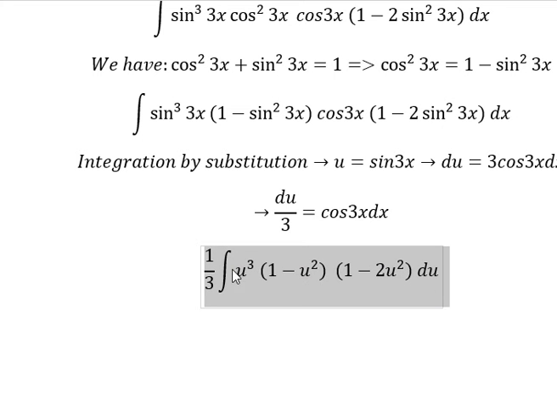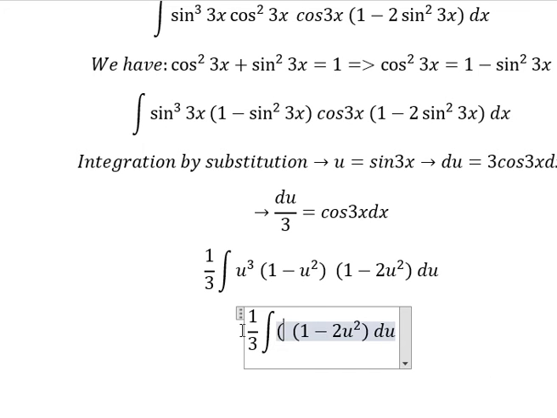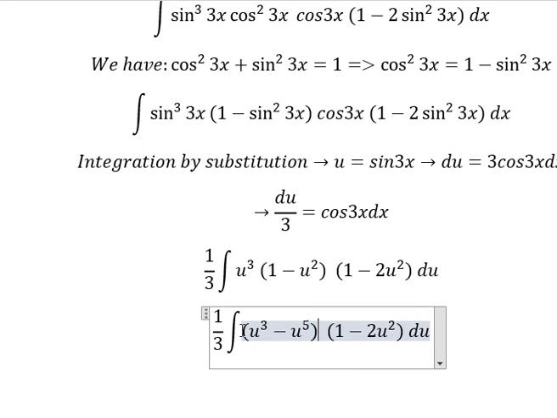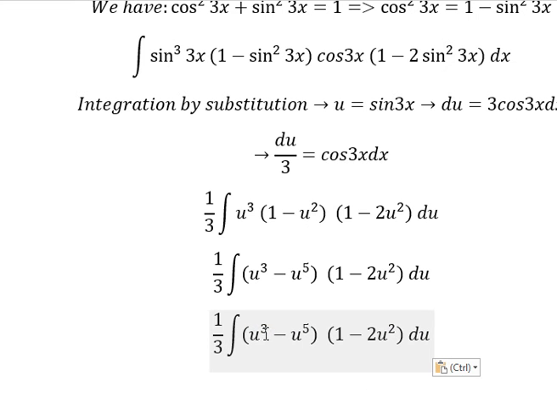And now we need to expand this one. U to the power of 3 multiplied by 1 and u squared, you will got u to the power of 3 minus u to the power of 5. So u to the power of 3 multiplied by 1 and negative 2u squared. Negative u to the power of 5 multiplied by 1 and negative 2u to the power of 2.